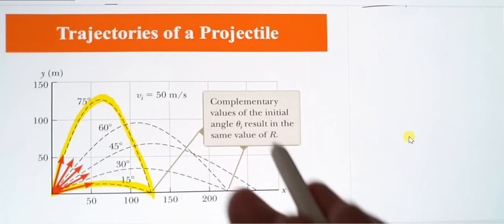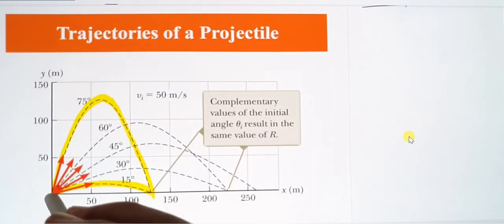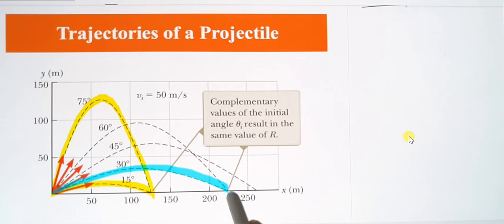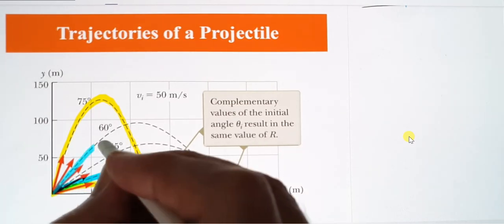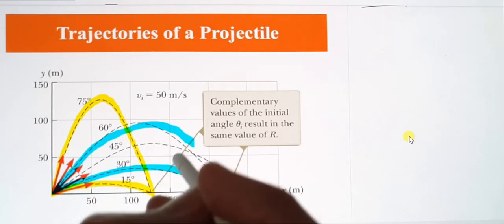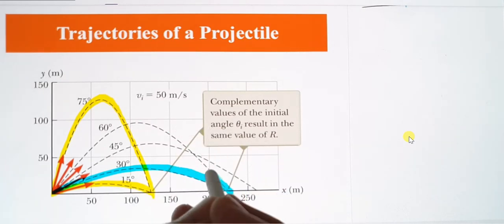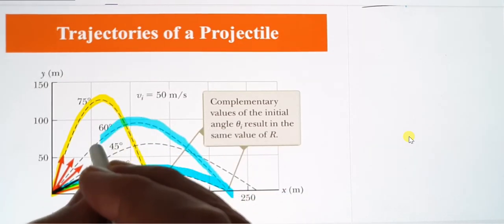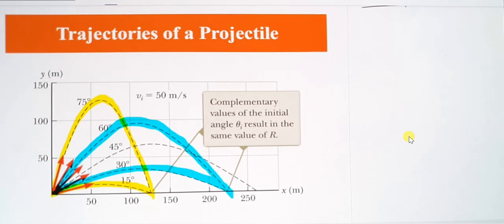And same thing goes for the angle 30 degrees and 60 degrees. You will cover the same distance, time is different, and height is different. Sine and cosine, they are not the same.